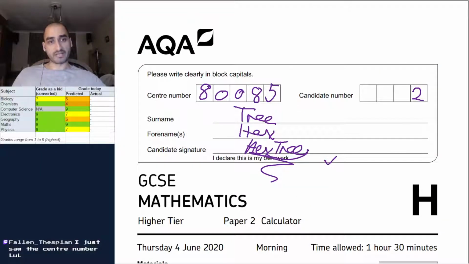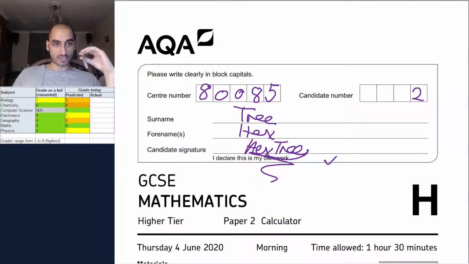So I'm predicting a 9 for maths because maths is my specialty, so I shouldn't get anything less than a 9. Well, I'll be very disappointed. Predicting a 9 for computer science, even though I never took it in GCSE and I have no idea what's in the syllabus. I'm hoping that my programming knowledge will be enough. But you never know, it could be a completely different subject altogether, which has nothing to do with actual computer science. And for the others, I don't know.